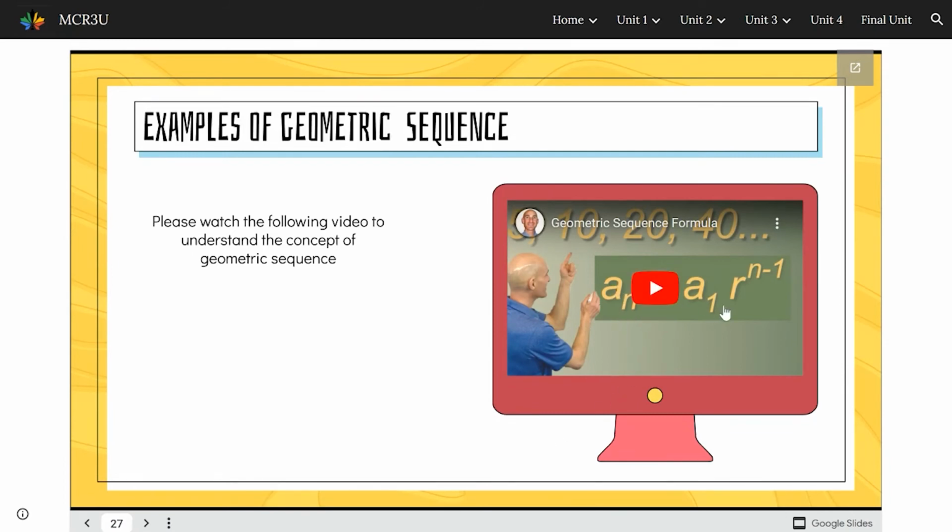an equals a1 multiplied by r to the power of n minus 1.